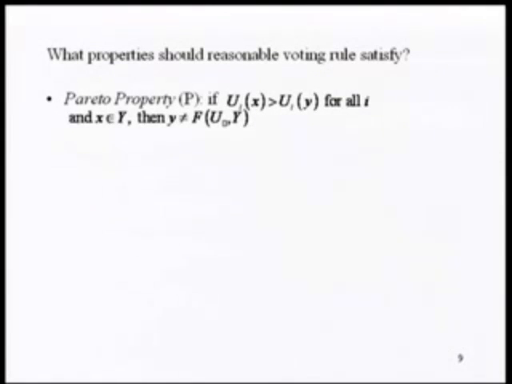It simply says that if every voter agrees that candidate X is better than candidate Y, they like candidate X more than candidate Y, and candidate X happens to be on the ballot, then it shouldn't be the case that Y gets elected. It would be a pretty perverse voting rule that elected Y when X was available.